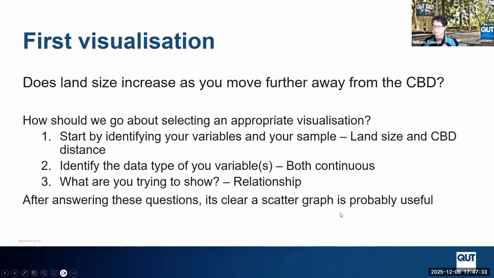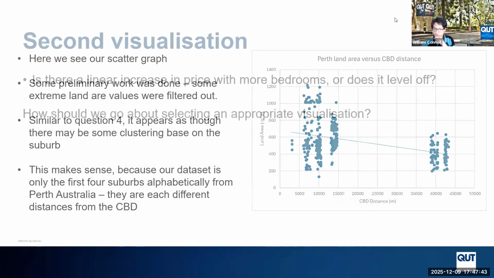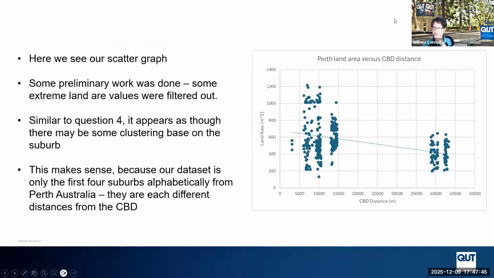So based on the fact that they're both continuous and we want to show a relationship, a scatter graph is probably useful here. Okay. So when we make a scatter graph, it could look something like this, right? Before I visualized this, some preliminary stuff was done.